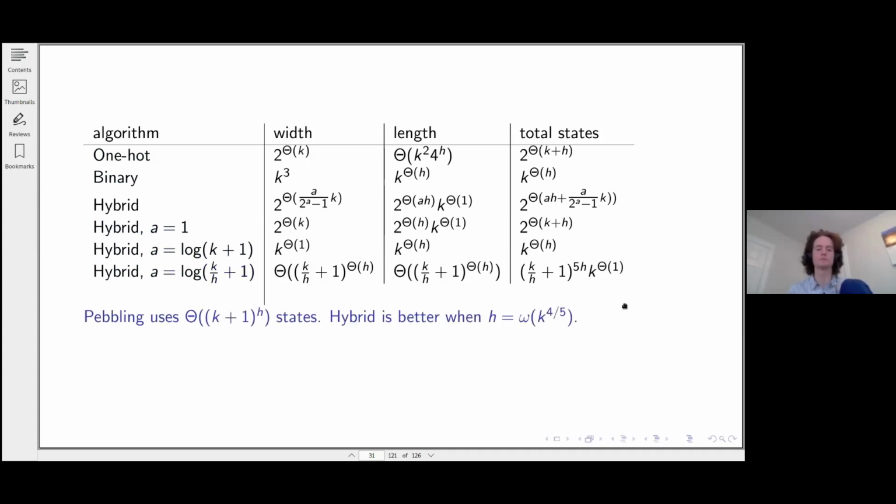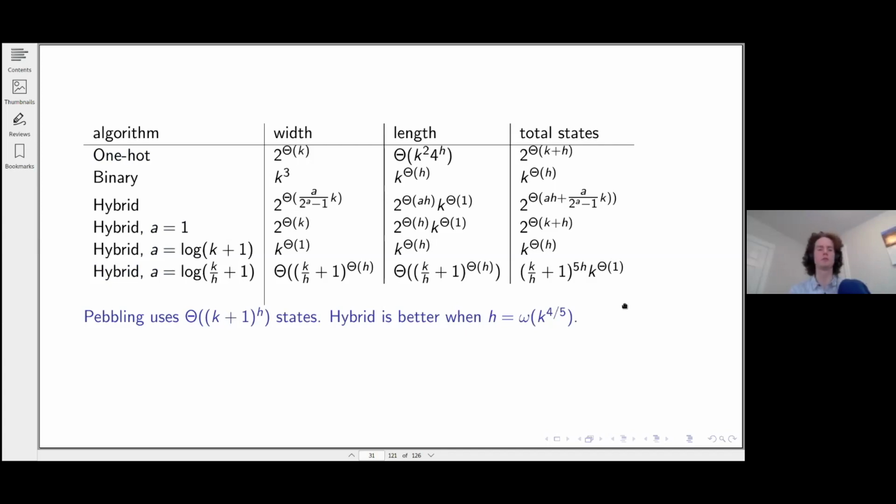So that means our hybrid algorithm is better than the Pebbling algorithm just as long as h grows faster than k to the power of 4/5. Okay, so that's the basic upshot. We use these techniques and then we interpolate between them to get just the right setting of parameters.